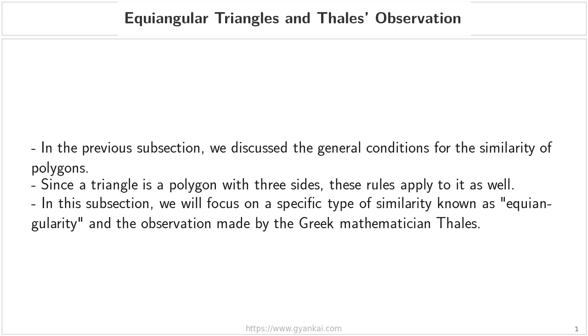Today, however, we are going to narrow our focus. We will be looking at a very specific type of similarity called equiangularity, and we'll explore a fascinating mathematical observation made by the ancient Greek mathematician Thales, which links these angles to the lengths of the sides.